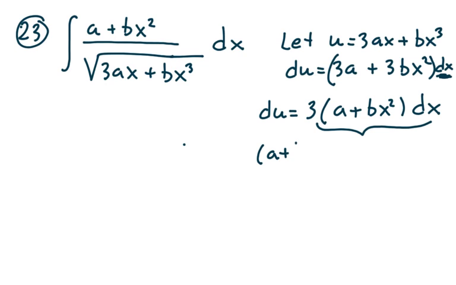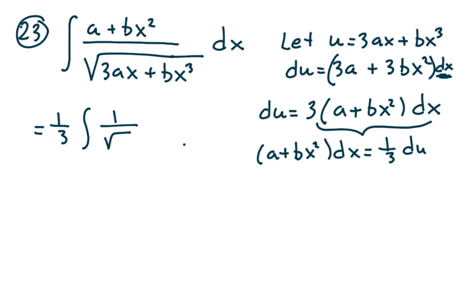So a plus bx squared dx is 1/3 du. And so this is 1/3 the integral of 1 over square root of u du. But this is 1/3 the integral of u to the negative 1/2 du.